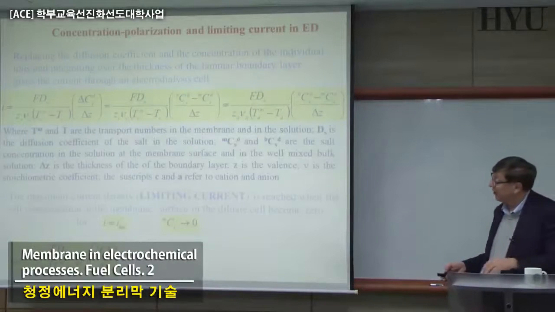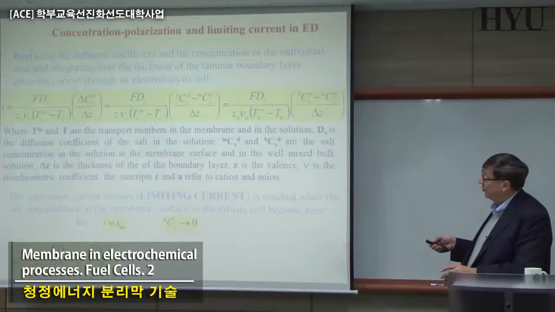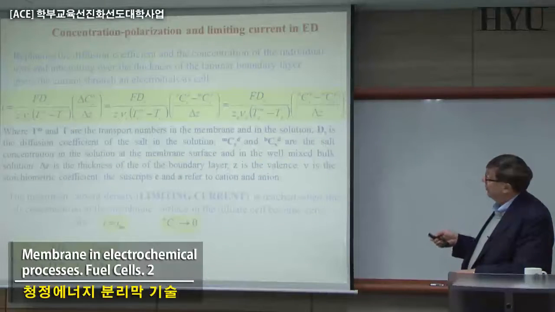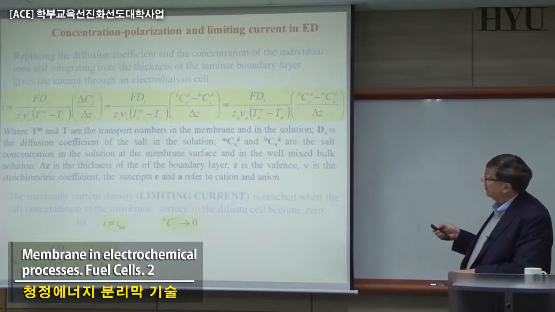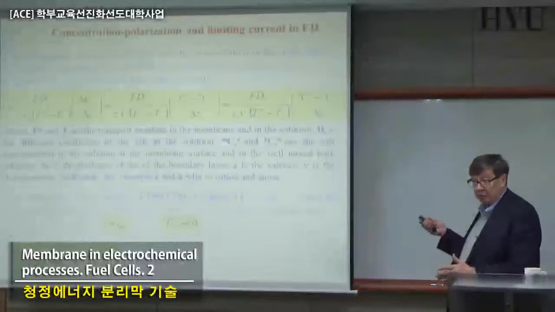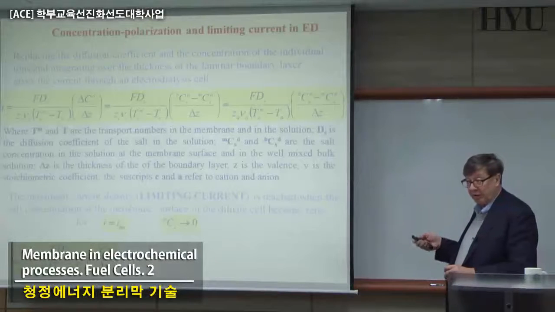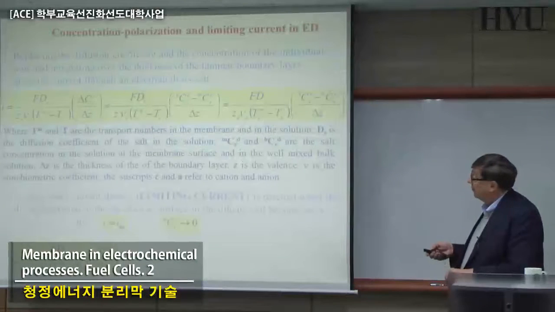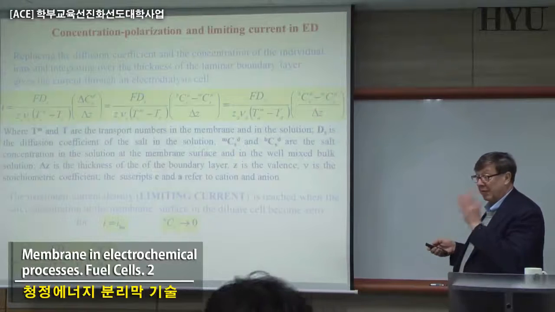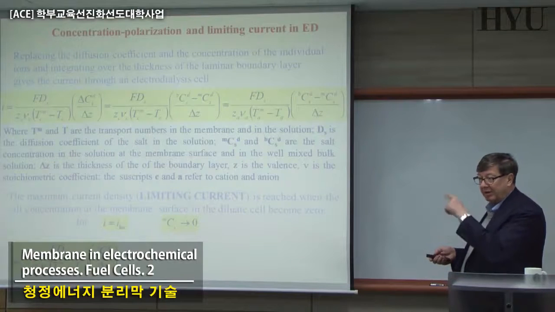Now if you substitute for the diffusion coefficient the term that we know for the single ions, and we integrate, also in this case we can use the theory of the film that we have been using describing all the concentration polarization phenomena in our membranes. That means we are assuming a laminar boundary layer at the membrane-solution interface with a certain thickness, where everything is linear.